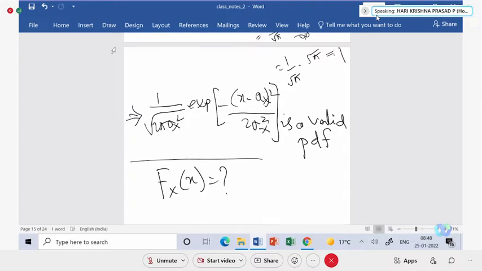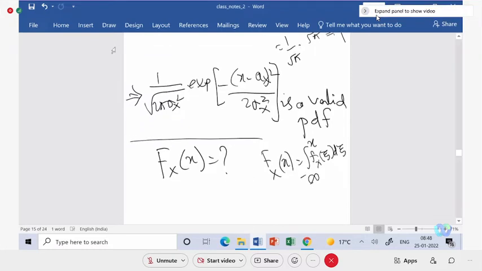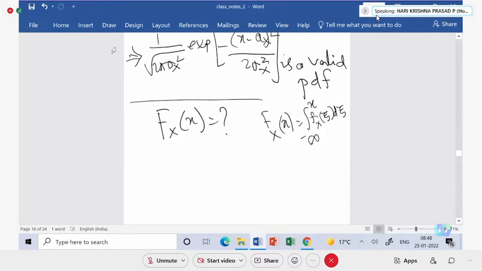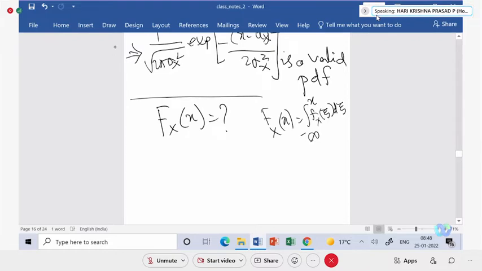So if you recollect the basic properties, minus infinity to x, then what are the components in the integrand? Fx of xi d xi. This is what I have to use now.